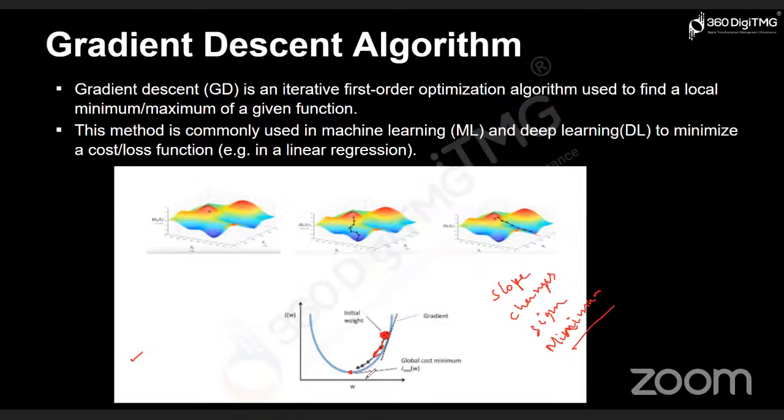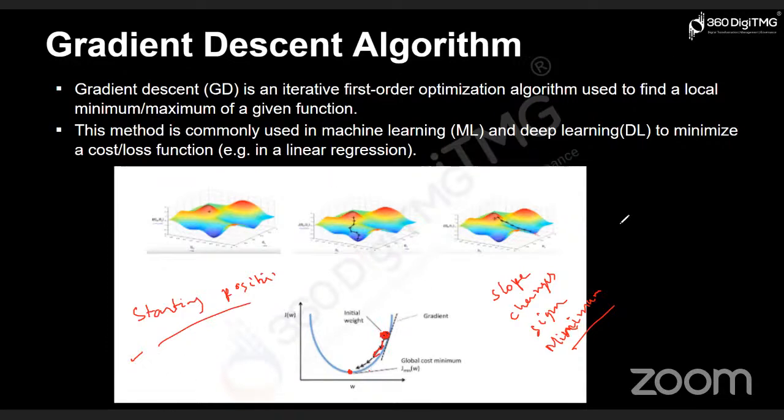The sign change will be at the minimum point. This minimum can be local or global. If we change the starting position, we will be able to know whether this is a local minima or not.